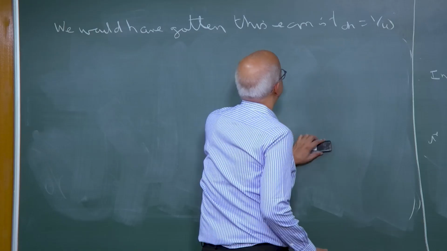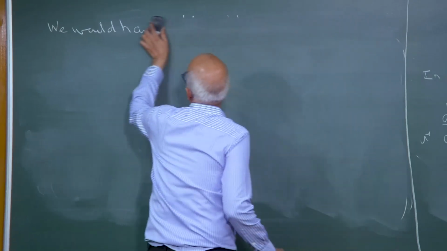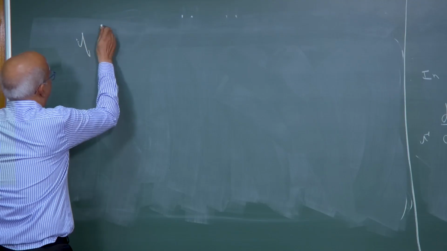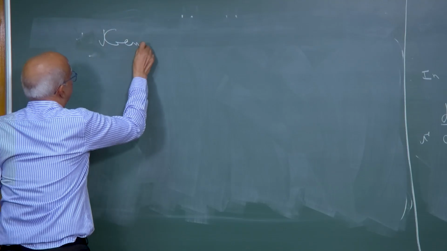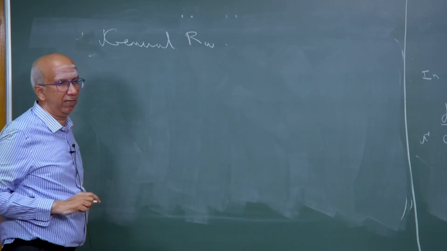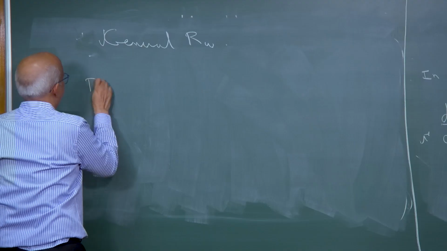We want to analyze the case of general r omega, I mean not very small r omega. So, now the equation will be the same.